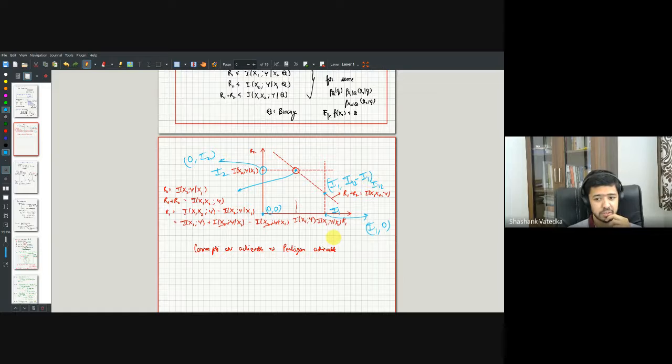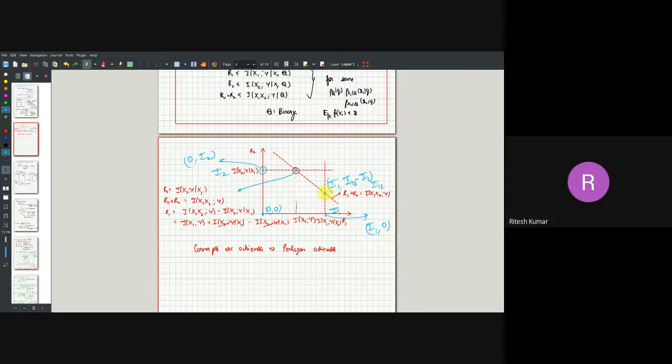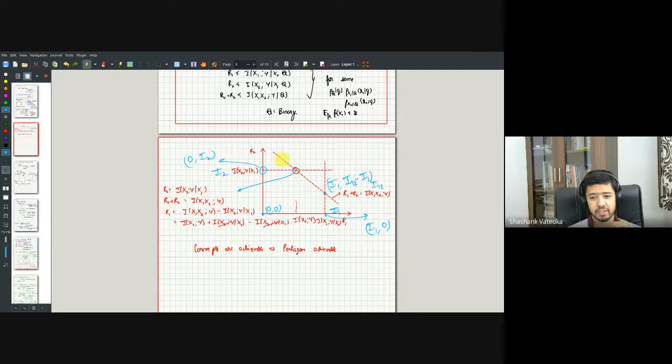So if I1, compute this one. So you know what R1 equal to, right? In this line, R1 equal to I1. Yes, got it. Correct. This line is R1 plus R2 equal to I12.